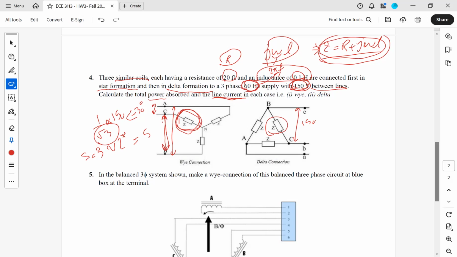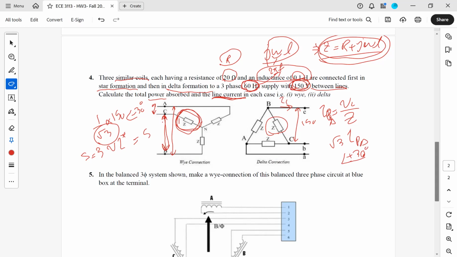So the current, using Ohm's law, is this line voltage over that Z. This is going to be our phase current in the delta connection, for each phase of the load. Now, for the line current, we know that the line current in a delta connection is square root of 3 times the phase current, and delta-wise, it has plus 30 degrees of phase shift.